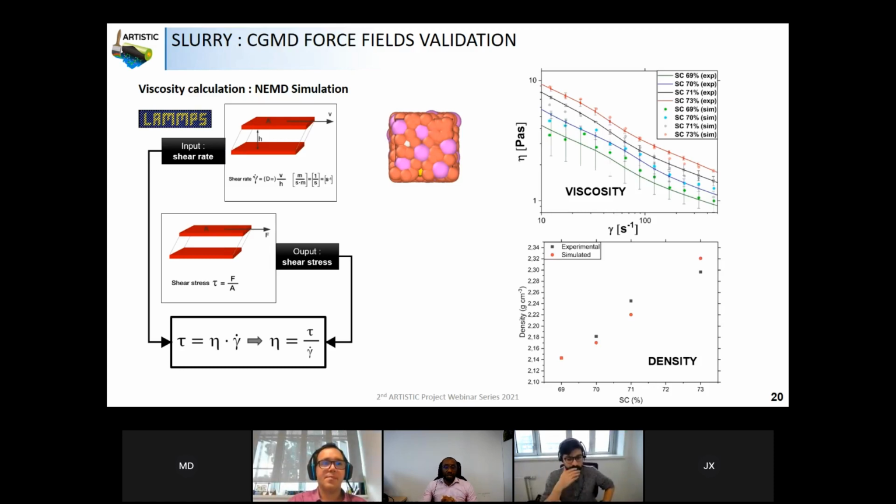Okay, good question. For the parameters that we use, when you perform the simulation, you have an idea of the range. For example, for the stiffness of the particle, if you know the Young modulus of your particle, you can guess the order of magnitude of this kind of parameter.